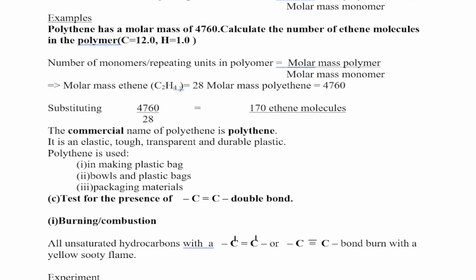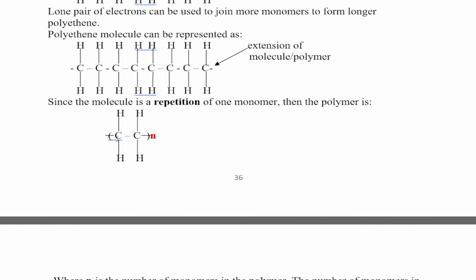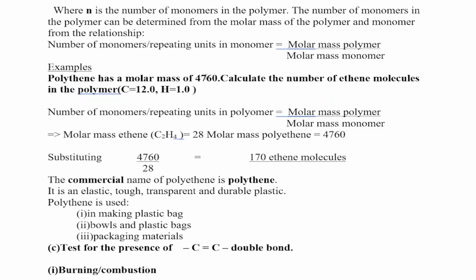Then I say 28 times n, because I'm taking carbon 12 plus carbon 12 plus 4 hydrogens, times n is that amount, 4760. What is n alone? And I get 170. So it is not practical for you to draw 170 molecules on a piece of paper. But now we can tell that one polymer molecule of polyethylene is made up of 170 ethylene molecules. When you go to organic 2, we shall learn more about other polymers.